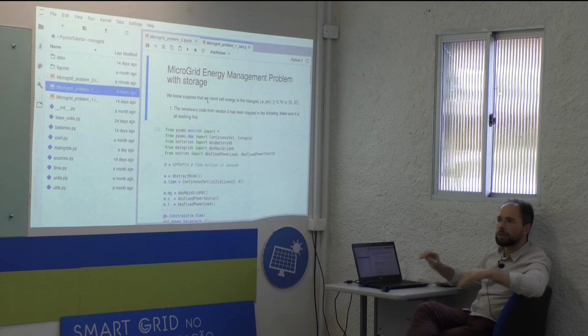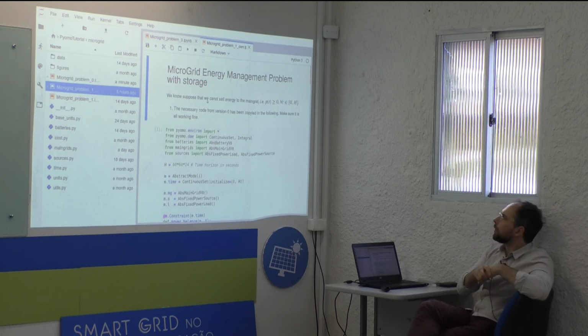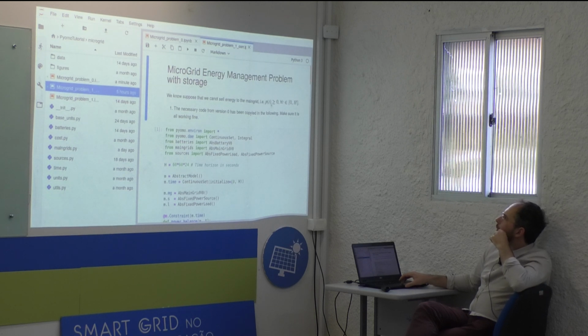So it means that when I have too much production, I have a problem. All my voltage will go higher, or I will break the system, okay? Or I have to shut down the panels. So it means that the power from the microgrid is at every time of the horizon positive.